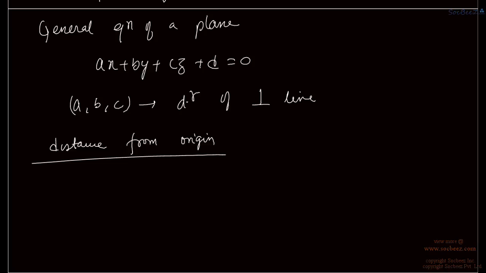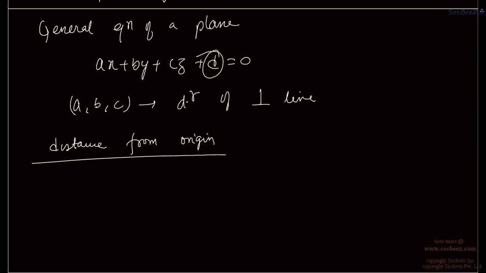So if a, b, c are direction ratios and we convert them into direction cosines, then automatically this quantity will give the distance between the origin and the plane. So for making a, b, c direction cosines, we have to divide by the magnitude, that is under root a square plus b square plus c square.